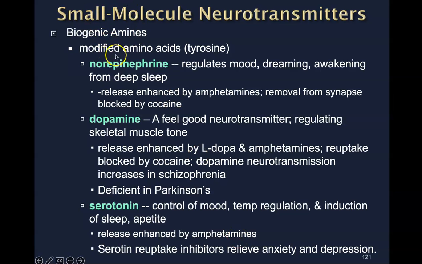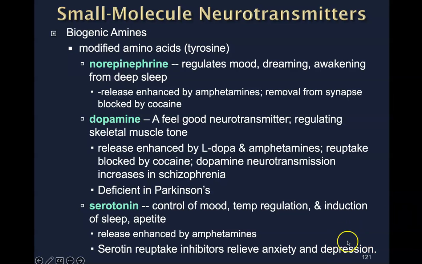So amphetamines enhance the release of all three of these. And then serotonin reuptake inhibitors, like we talked about, are going to prevent the reuptake of serotonin and let it hang out there in the synaptic cleft a little bit longer. And again, that oftentimes helps to relieve anxiety and depression in individuals that aren't naturally producing enough serotonin.